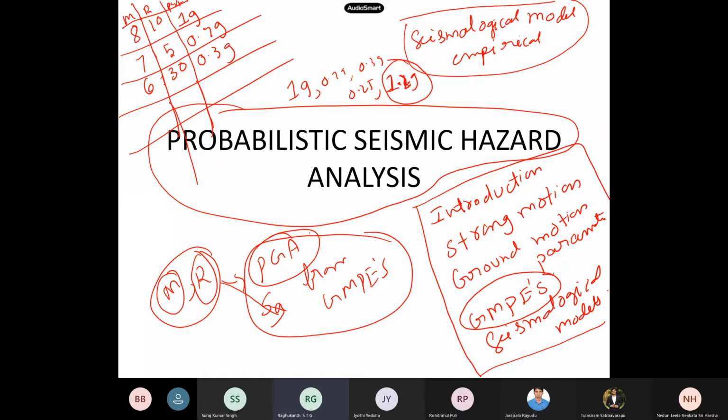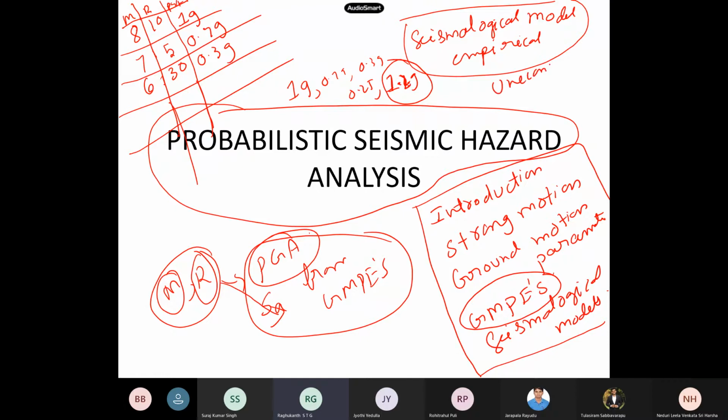Now what happens when you want to design for a very high PGA value, 1.2G? The cost of the building will be high. The cost will be more, even for the columns and the walls, because when the load is high, obviously the cross-sectional area will increase, you follow, right? It becomes uneconomical.